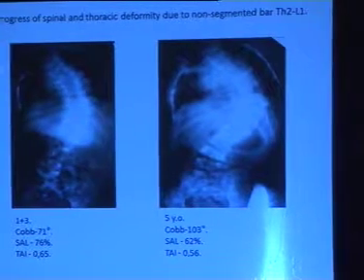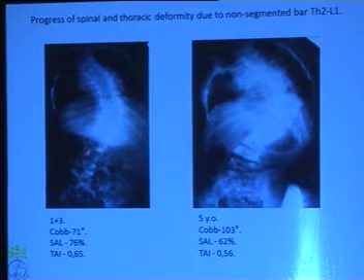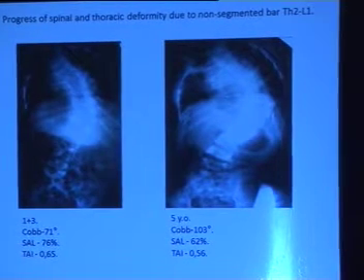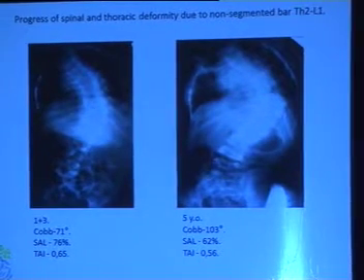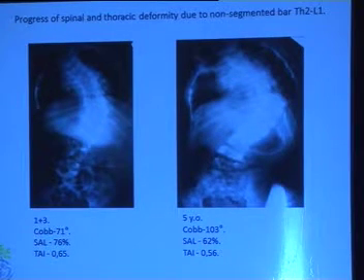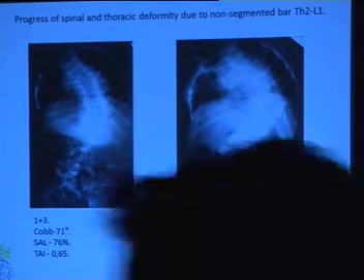A congenital deformity, non-segmented bar of the thoracic spine: X-ray at 1 year old and 5 years old shows very severe deformity with contact between rib, chest, and pelvis.